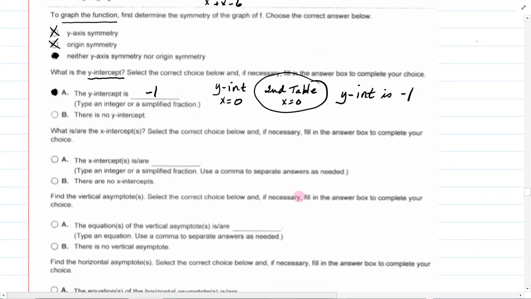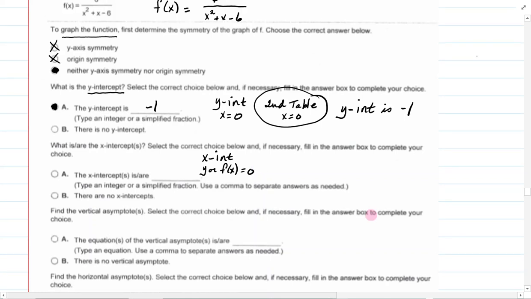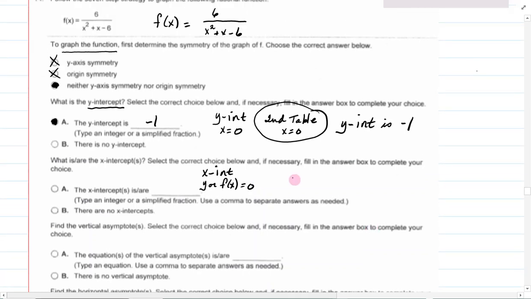All right, the x-intercepts, there can be more than one. That is when either y or f of x is 0. So let's take a look at this function. f of x is 6 over x squared plus x minus 6. I'm finding x-intercepts when this becomes 0.